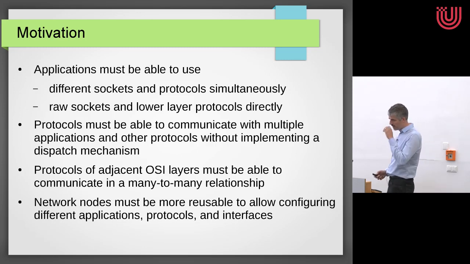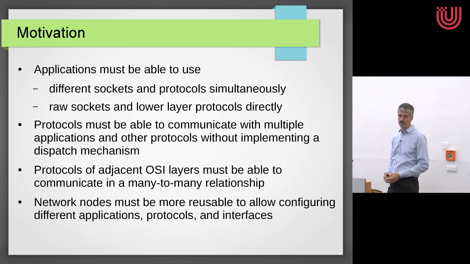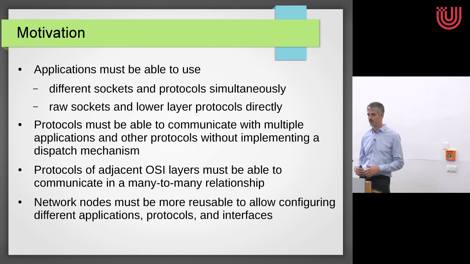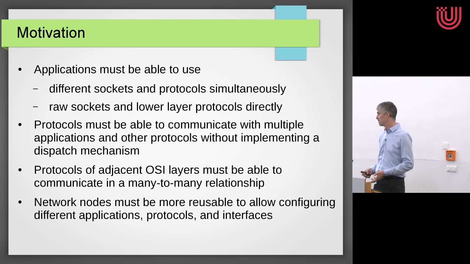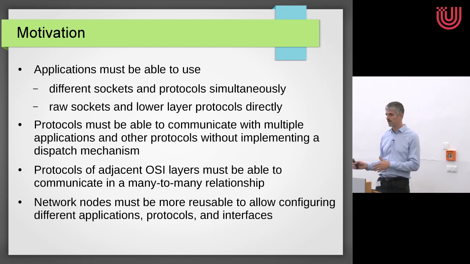To summarize, the motivation behind this change is that the current network node architecture is too rigid in certain ways. For example, applications can't really talk to many different protocols simultaneously, which is the case in real-world applications. Also, all the protocols implement their own dispatch mechanism to communicate to multiple applications and multiple protocols.